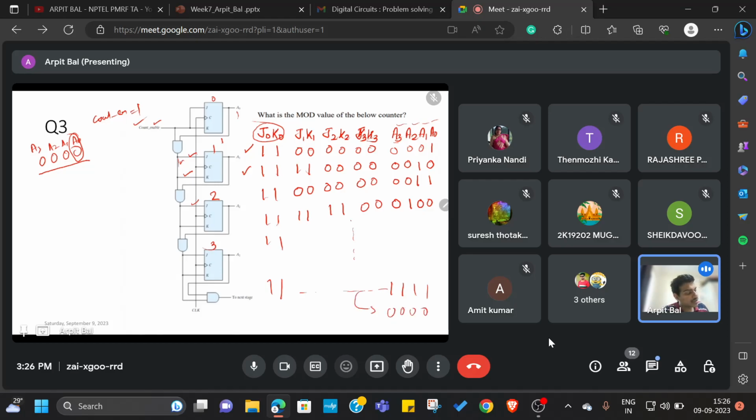I suggest you perform this exercise by yourself and validate this point, that the terminal state is going to be 1 1 1 1, and after the terminal state it is going to be 0 0 0 0. This is going to be a good exercise if you practice. What we observe is that it is going from 0 to 15 and then restarting from 0. So it means it is a mod 16 counter.